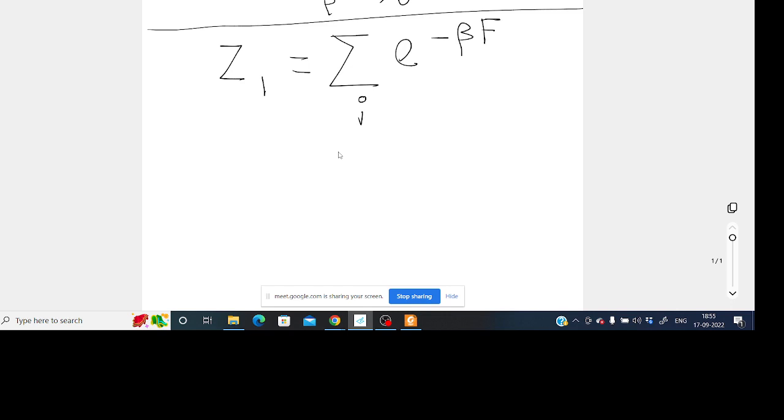So the single particle canonical partition function is equal to the sum over i of e to the power minus beta ei.